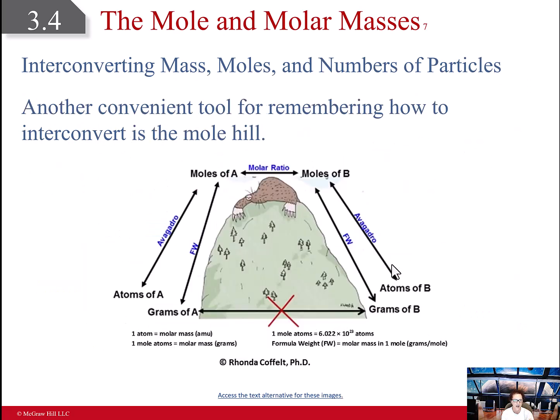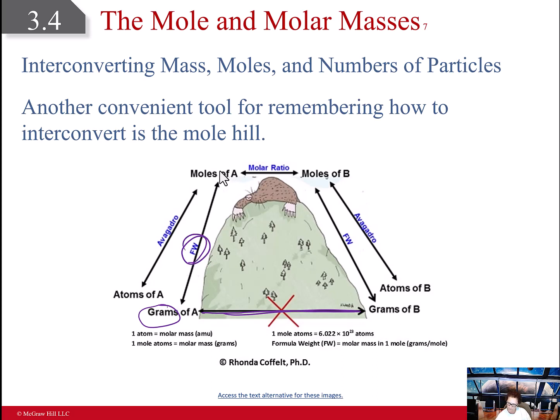Now, I have another thing that helps me remember. This came from me watching my dad hunt moles out in the yard. Long story, I'm not going to bore you with it, but you can't go under the molehill. What that means is that if you're going to go from one thing to something else, you've got to go to moles first. If you go from grams to moles, you use the formula or molecular weight.